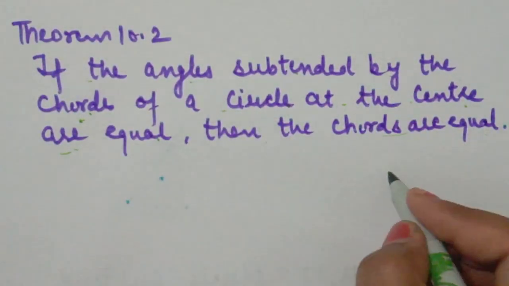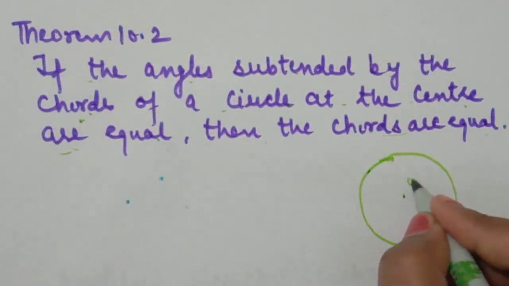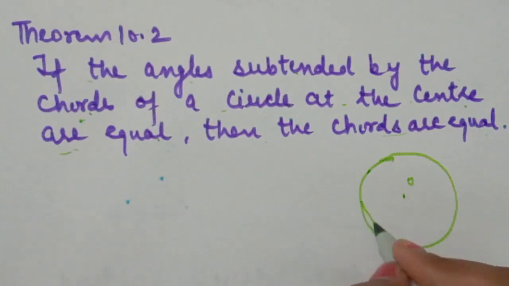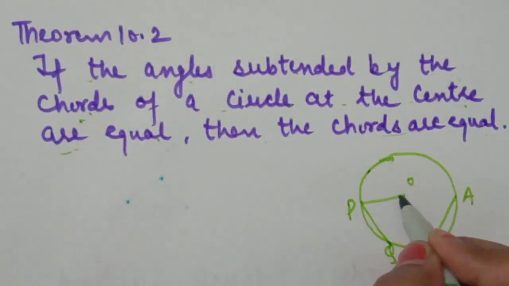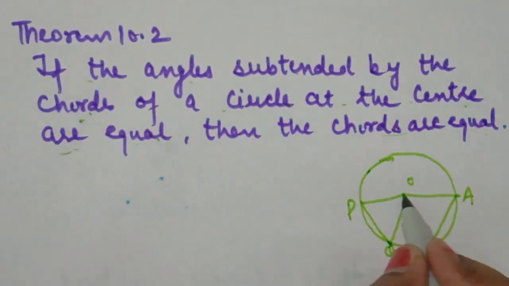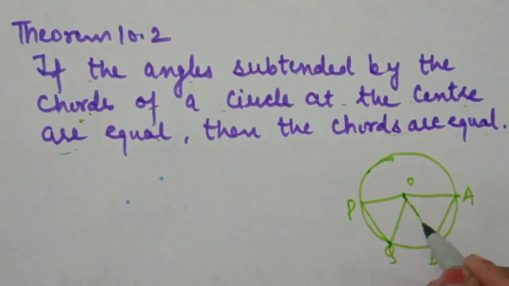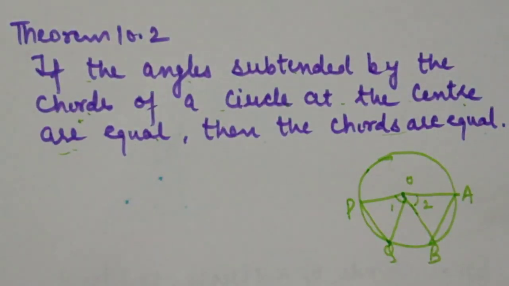So first of all, we will draw a diagram. Again, this is center O. This is a chord PQ, and this is another chord AB. This is our first triangle, this is our second triangle, and this is angle 1 and angle 2 subtended by these two chords.